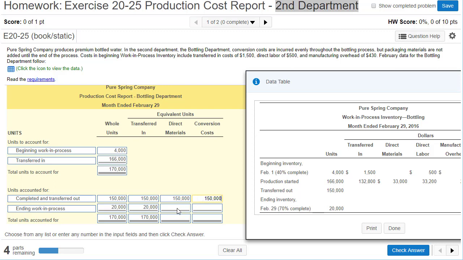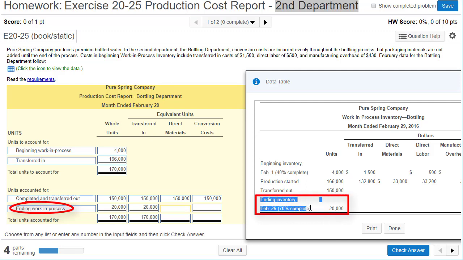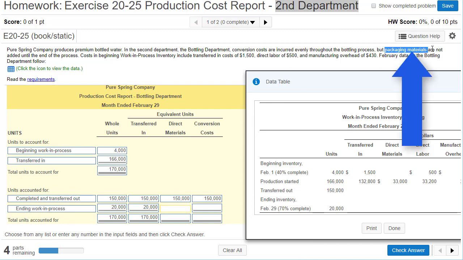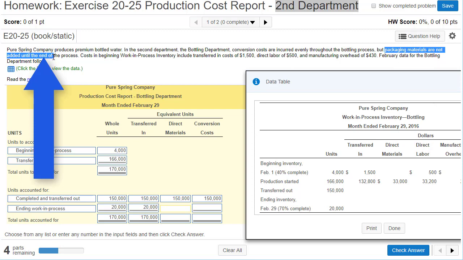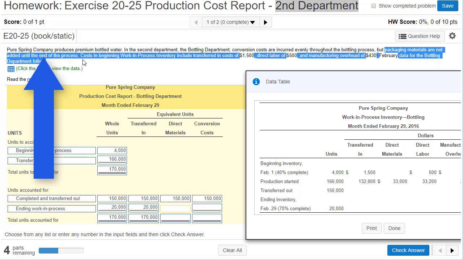Now let's talk about direct materials. So notice we're working on the ending work in process. So this ending work in process, in other words, the ending inventory, is only 70% complete. So the question is, where in the timeline do the direct materials get added? Well, direct materials, which is the packaging, basically the bottle, are not added until the end of the process.